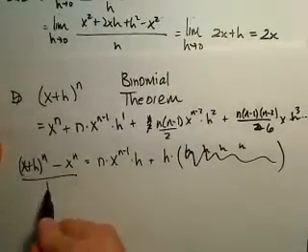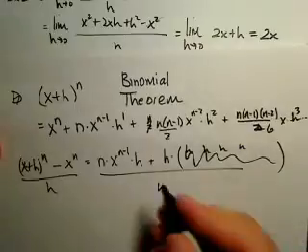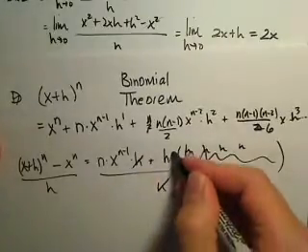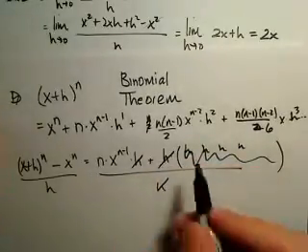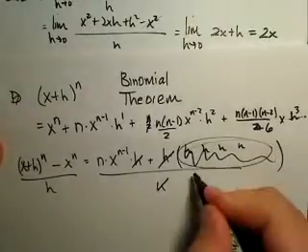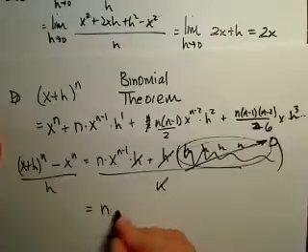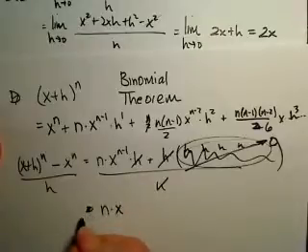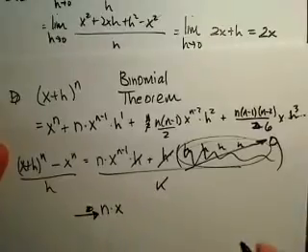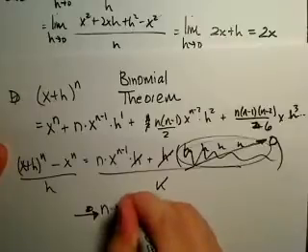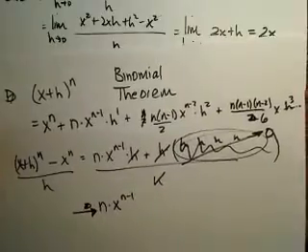And so when I divide by h, that h will go there. It'll cancel with that as well. These all have h's in them left over. Those bits will go to 0. And all I'm left with post limit going to 0 is n times x to the n minus 1.